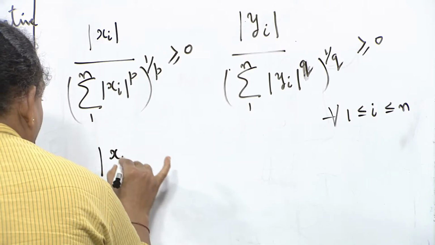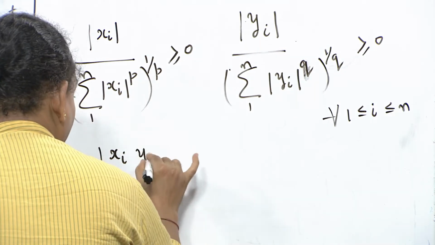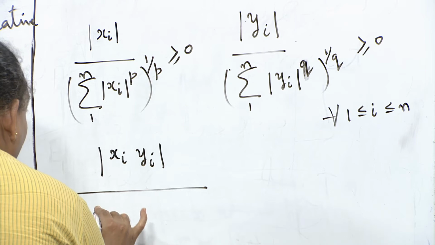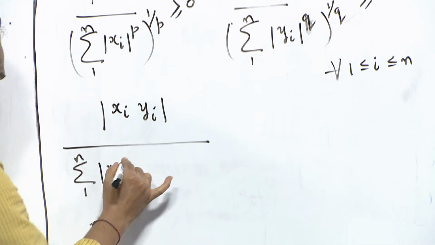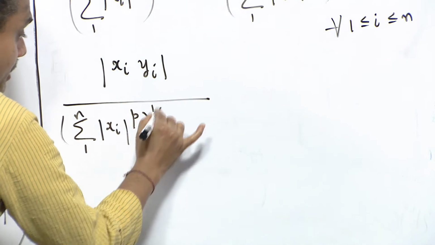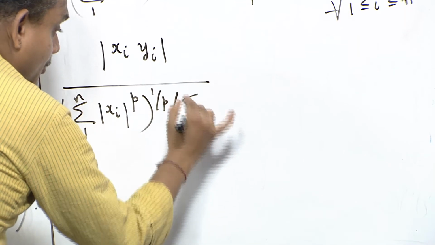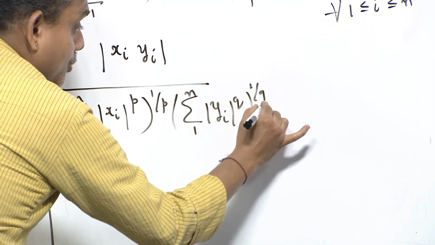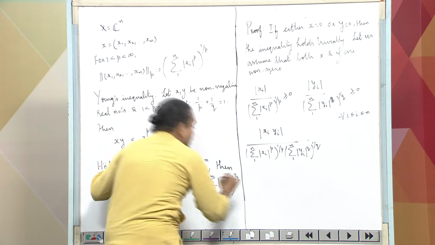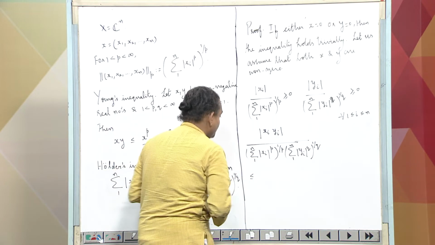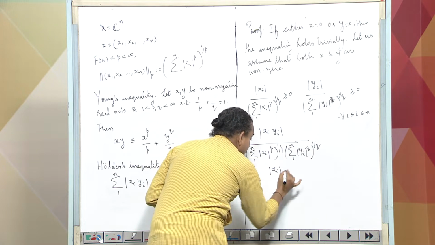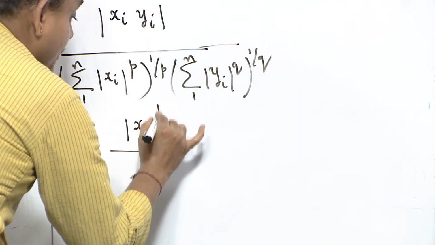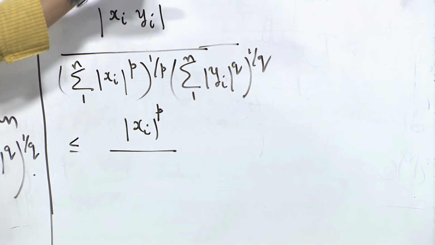You will have mod xi times mod yi, which is the same as mod xi yi, upon summation 1 to n mod xi raised to the power p whole raised to the power 1 by p times summation 1 to n mod yi power q whole raised to the power 1 by q, less than or equal to x raised to the power p, so mod xi power p, and in the denominator you have power 1 by p.